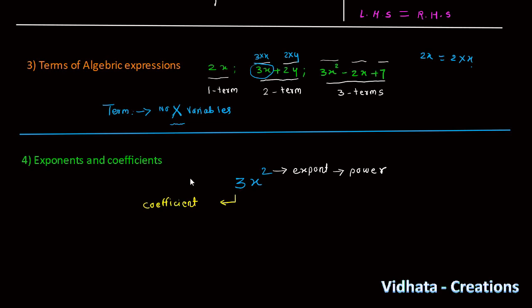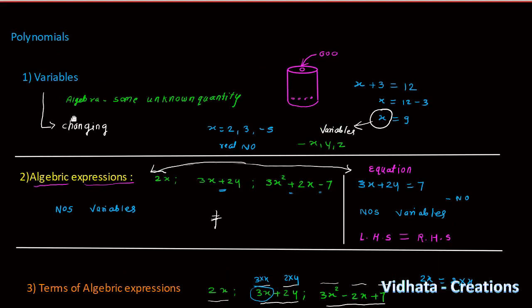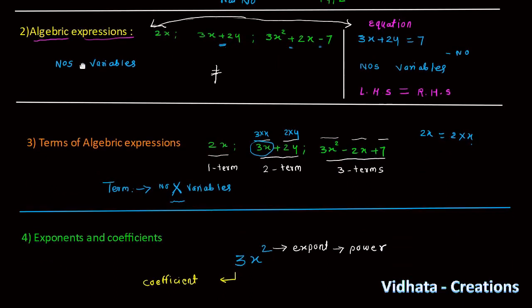Okay? Now, let us revise what we have studied previously. In the first concept, we have studied what are variables. What you will say about the variable? They are alphabets used in algebra for unknown quantities. Our second concept was algebraic expressions.